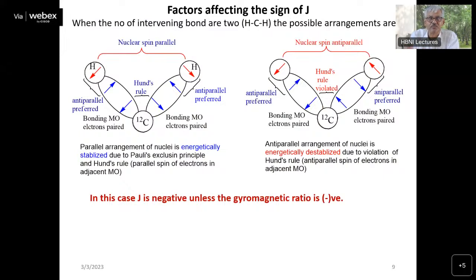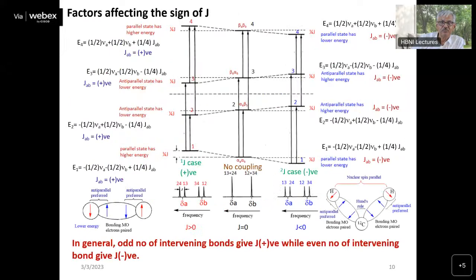Okay, clear? So in this case, J is negative.